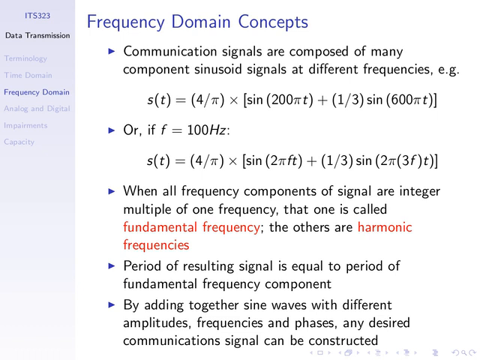And the signal shown here, S of t, is just the addition of these two, multiplied by some constant factor out the front, 4 over pi. Ignore this for a moment. I'll explain why it's introduced. Just focus on the two sinusoids.